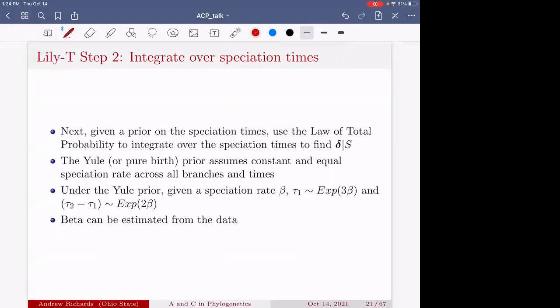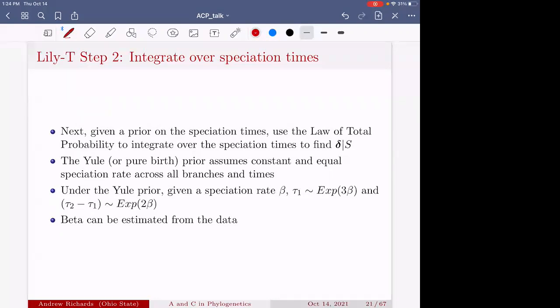Then, given the law of total probability, we integrate over the speciation times to find the site pattern probabilities given solely the topology. The prior that we assume for the speciation times is the Yule model, or the pure birth model, which assumes constant and equal speciation rates across all branches and times.